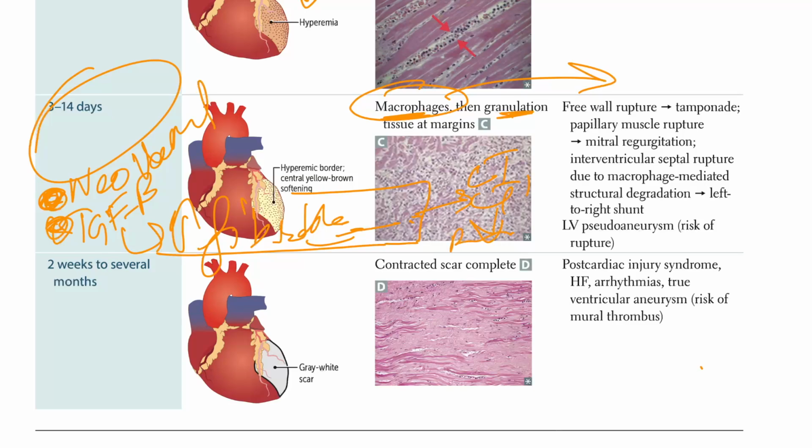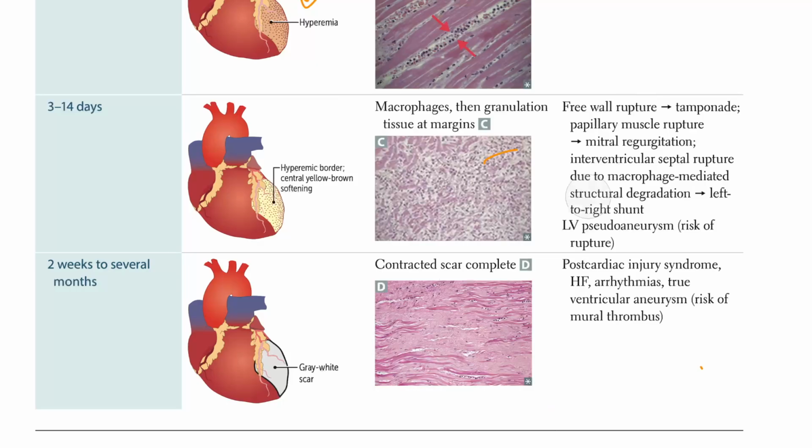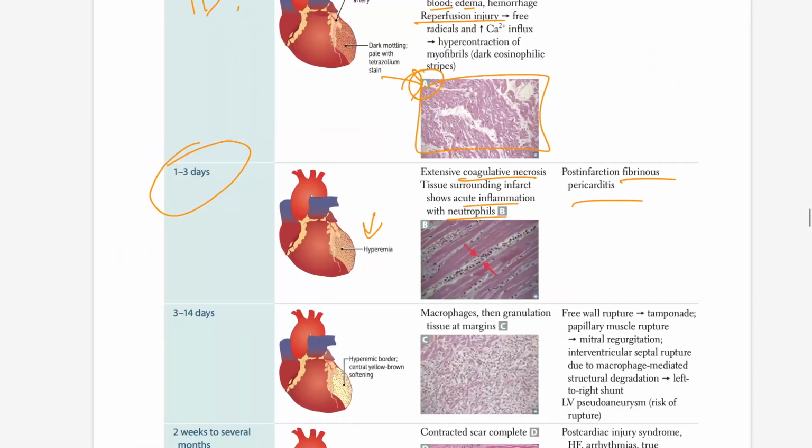Dense scar would start forming here. Eventually the scar will mature and contract, and that's called fibrosis. Okay, that's all for this topic. So let's just review it and move on to the next.